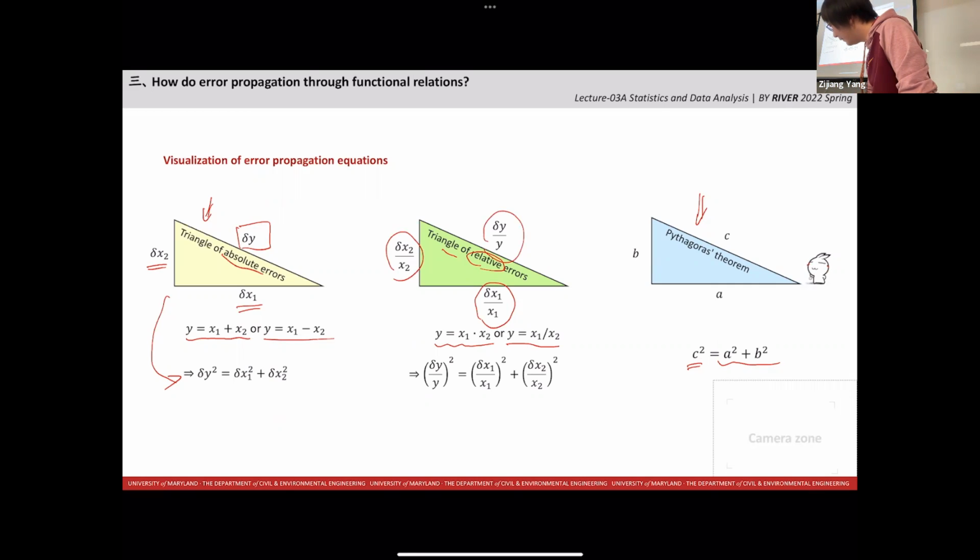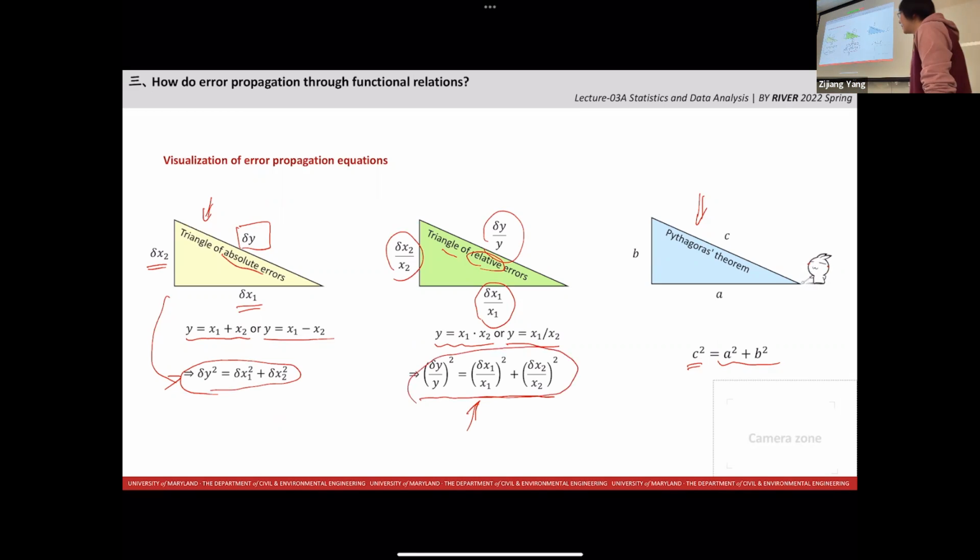Again, based on this triangle, we can write down this relation. So this is the error propagation for summation and subtraction, and this is the error propagation equation for division and multiplication. Basically, we can find these equations online, in papers, or on the slides, but it will be faster to solve problems if we can remember them.